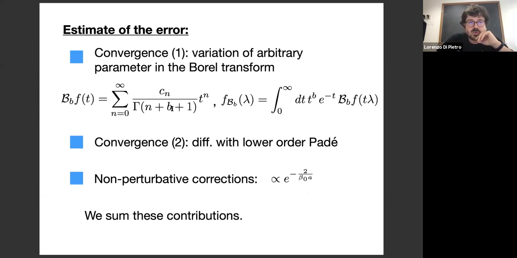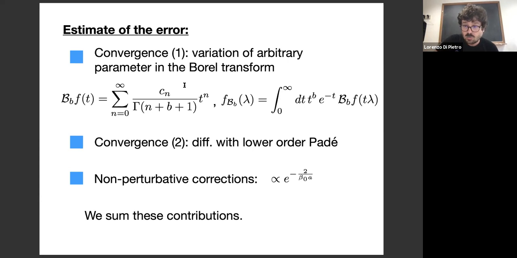I can just flash what are the various components of the error. There are 2 components of the estimate of error that came from estimating how good the convergence of the approximant is. And that we did in 2 ways. One is to use this arbitrary parameter B in the Borel transformation, which is supposed to give exactly the correct answer back if you know the full asymptotic series. But of course, if you truncate, then the answer depends on your truncation. So we varied this arbitrary parameter B and checked how stable the answer was.